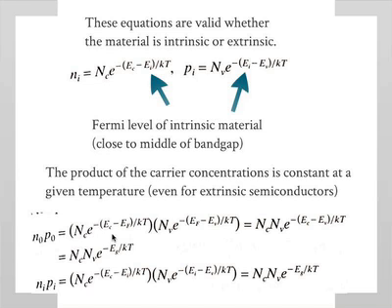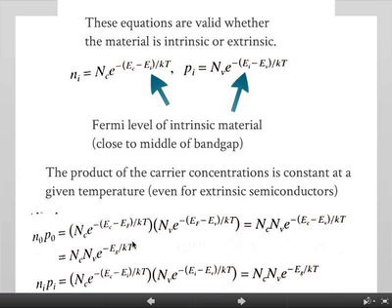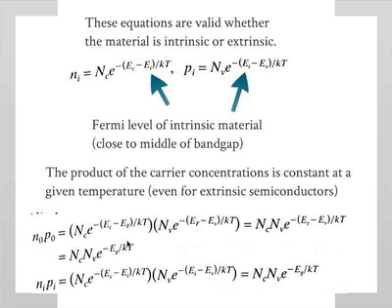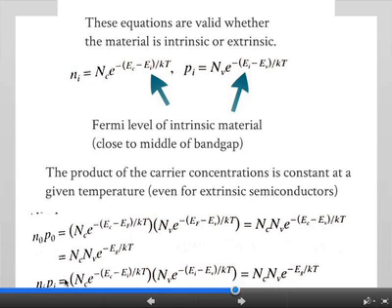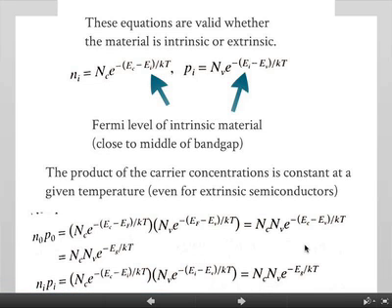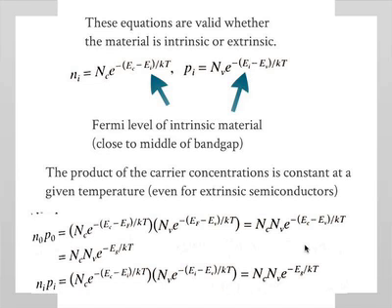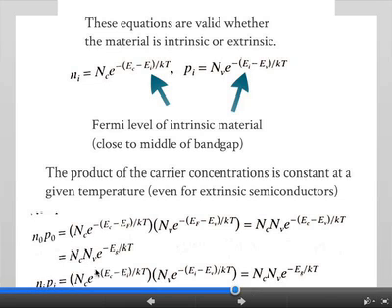This is the reason, of course, why an insulator has very few electrons in the conduction band, whereas a semiconductor has many more electrons in the conduction band. Okay? We're just quantifying it. Of course, you can write this as N type, the same thing, because it is true whether it's extrinsic or intrinsic. Doesn't matter. So the top equation is for extrinsic material, the bottom equation is for intrinsic material.